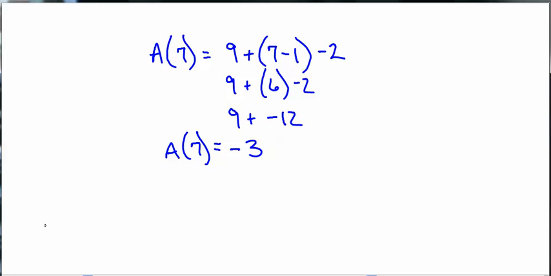All right, page 299. Let's do 26 through 35.